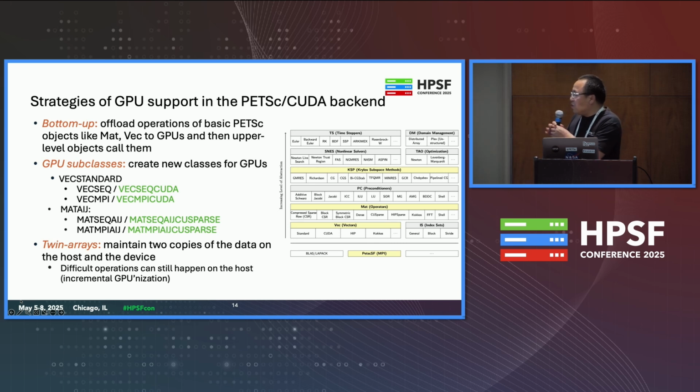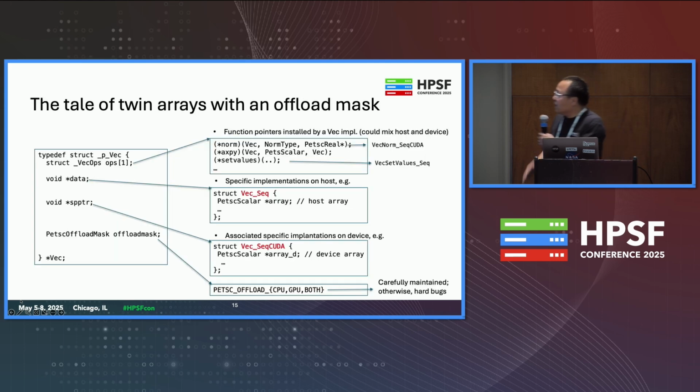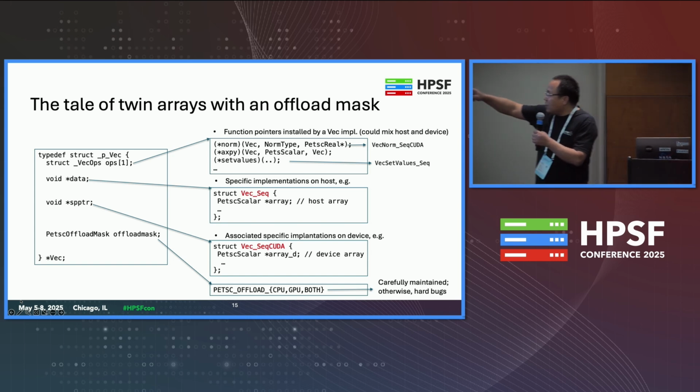And also we use twin arrays. We maintain two copies of the data, on host and on device, so that difficult operations can still happen on the host. So we can do incremental GPU adoption.